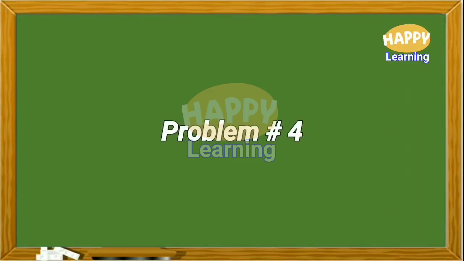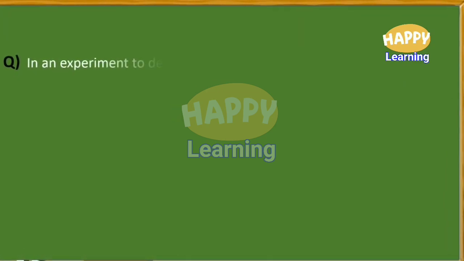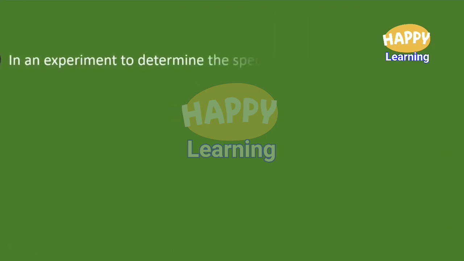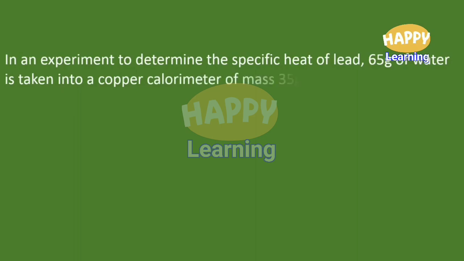Problem 4. In an experiment to determine the specific heat of lead, 65 grams of water is taken into a copper calorimeter of mass 35 grams. The room temperature is 30 degrees Celsius.